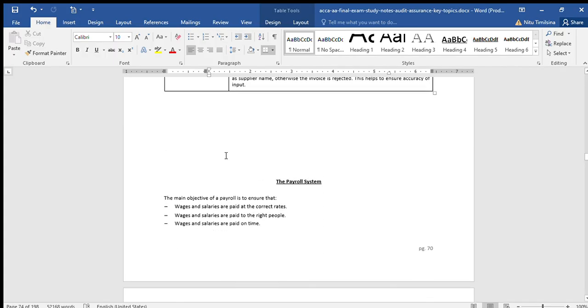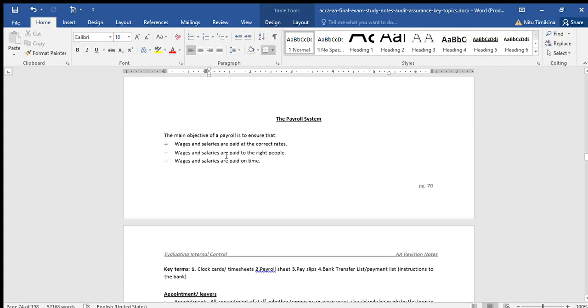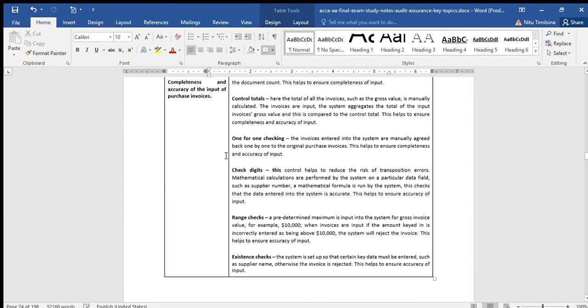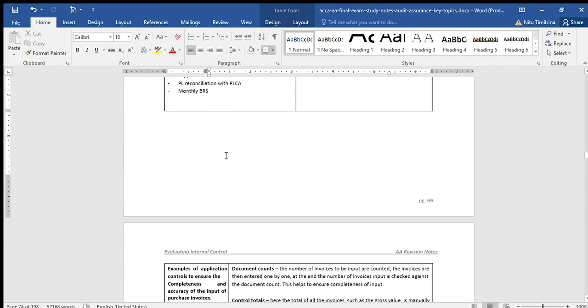The payroll system. The main objective of payroll is to ensure that, let's summarize what we have studied before. So the purchase system is like we have to always think in order. First we order, then we receive, then we issue goods received notes, and then we record. We check the invoices, we pay, or we return.